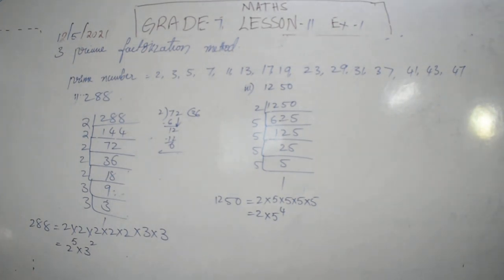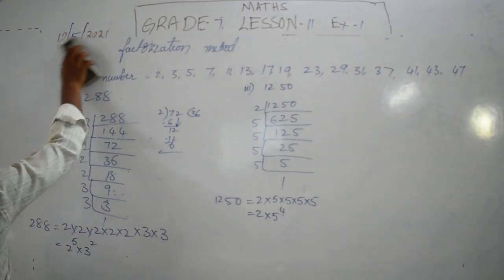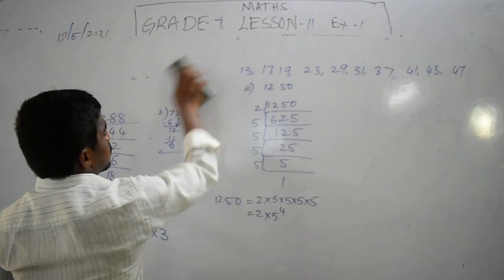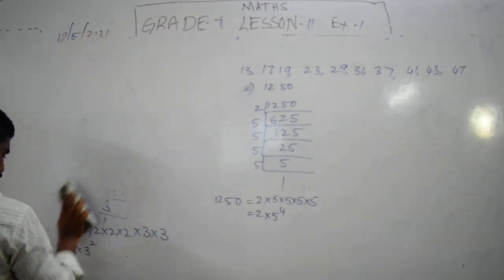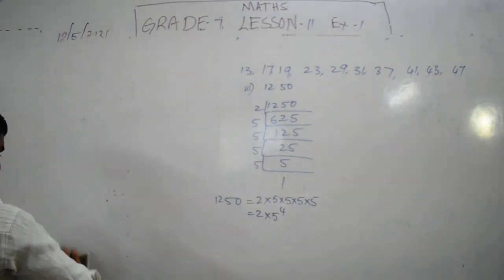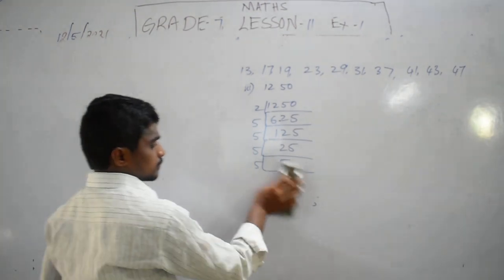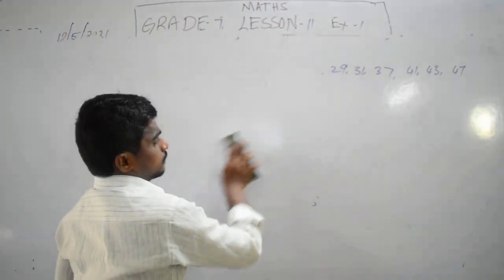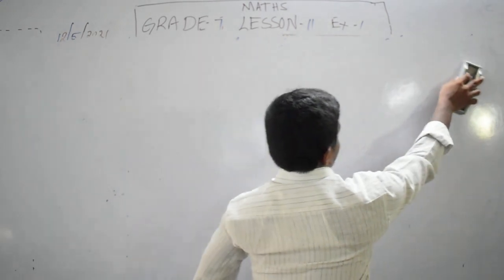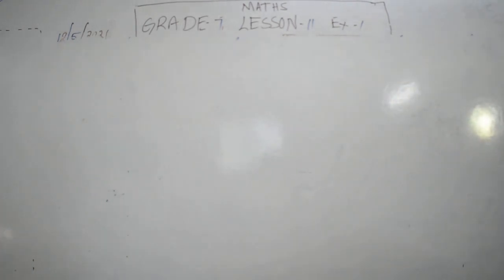Next, the fourth problem: identify the greater number in each of the following pairs.